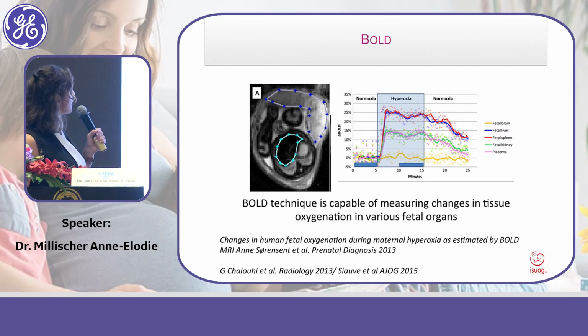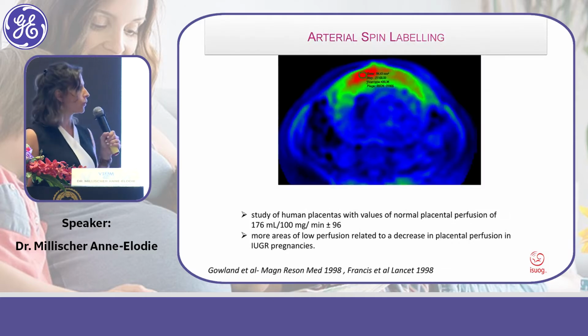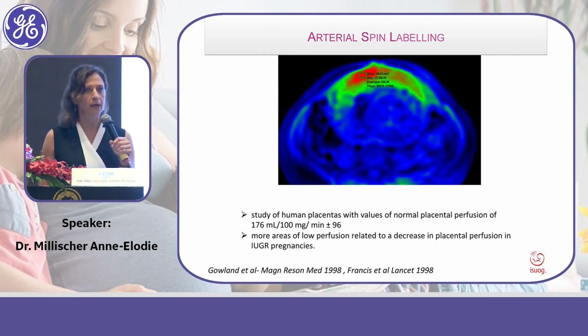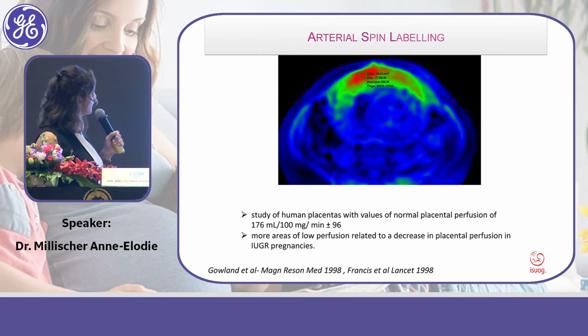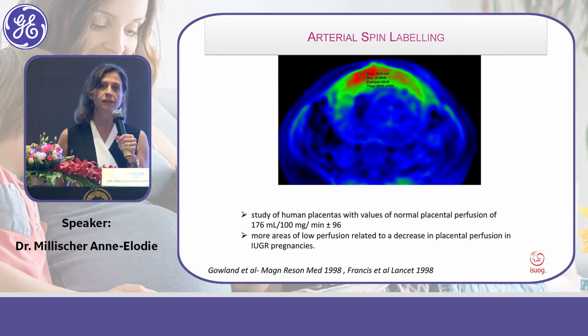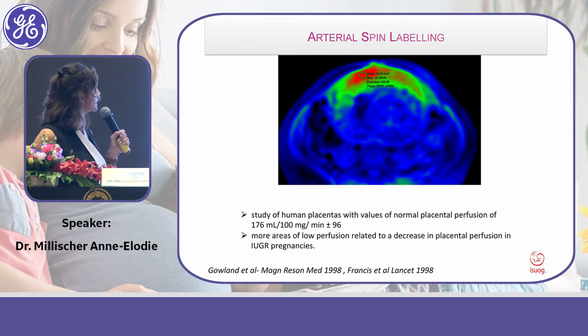And here you have the example of BOLD technique, and more recently, a subject we are working on at Necker Hospital, this arterial spin labeling, and with this kind of technique, we'll be capable to measure the perfusion of the placenta without adding any contrast.